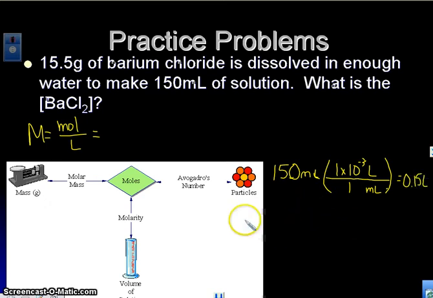And then for our moles, we have to start with our mass, 15.5 grams of barium chloride. And we want to convert that from grams of barium chloride, so we need that on the bottom, to moles of barium chloride.